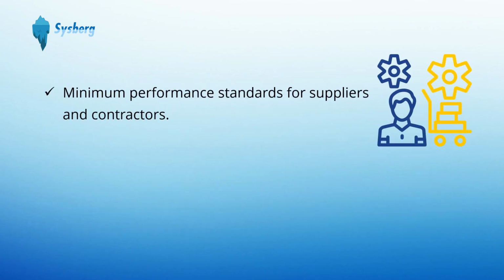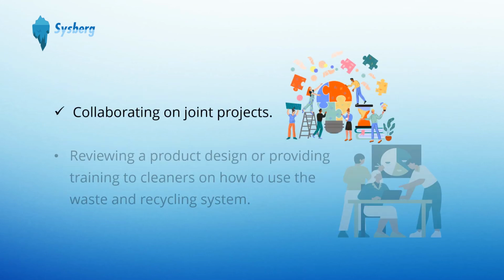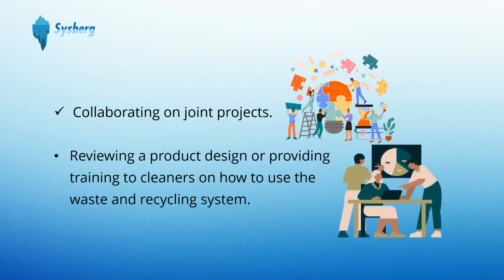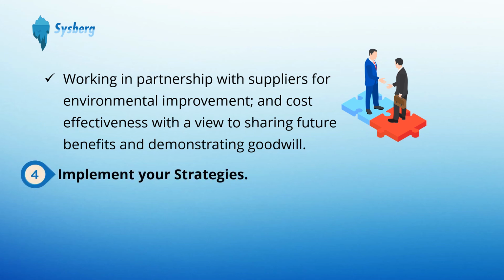Minimum performance standards for suppliers and contractors, for example, having an industry-recognized environmental management system, such as ISO 14001. Collaborating on joint projects, for example, reviewing a product design or providing training to cleaners on how to use the waste and recycling system. Working in partnership with suppliers for environmental improvement and cost effectiveness with a view to sharing future benefits and demonstrating goodwill.